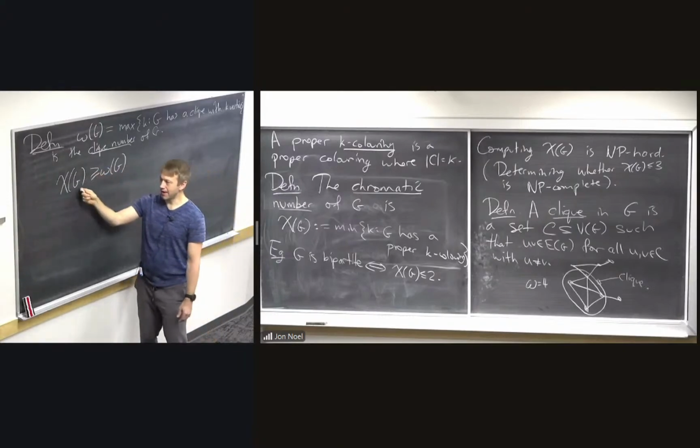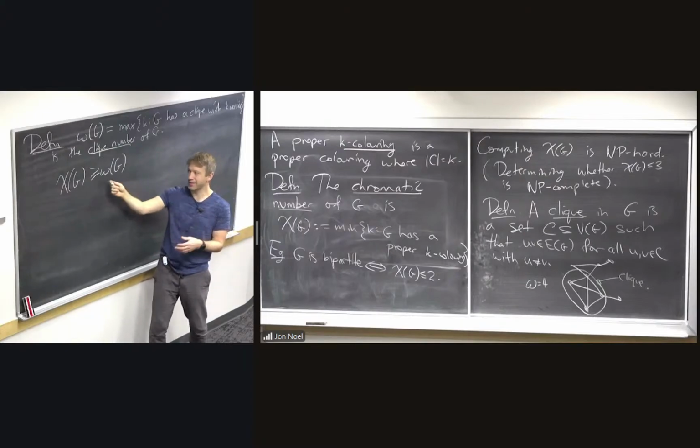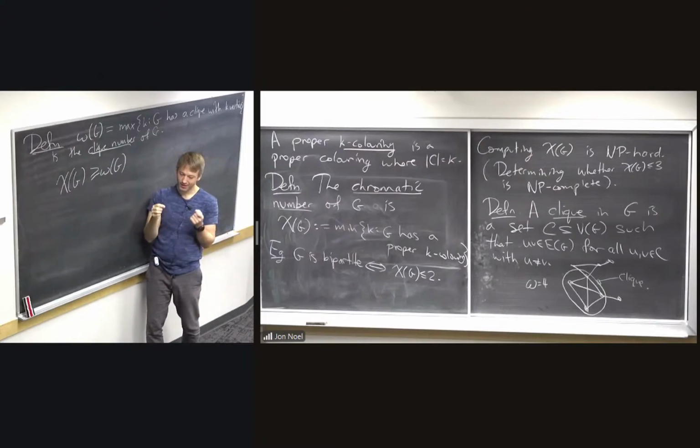Always, the chromatic number is at least the clique number. In case you didn't hear that, it's because in a clique, every pair of vertices has to get a different color because they're all adjacent. So by pigeonhole, you'd have to use at least omega of G colors just to color the clique. And so to color the whole graph, you need at least that many colors, right?